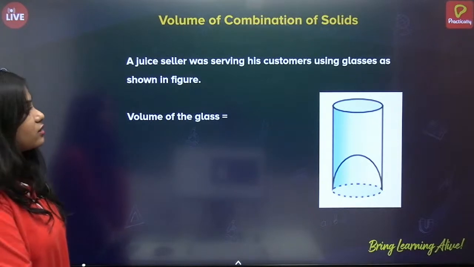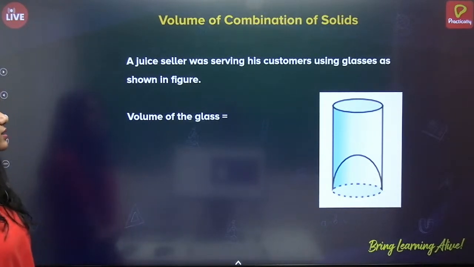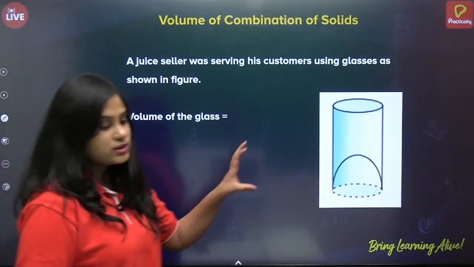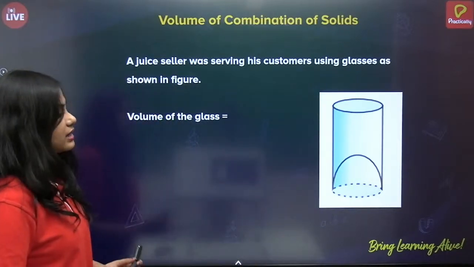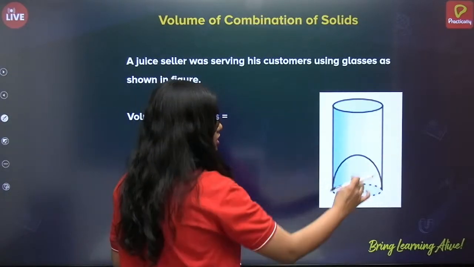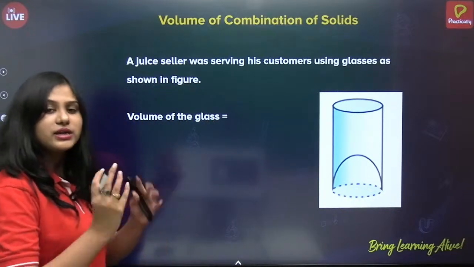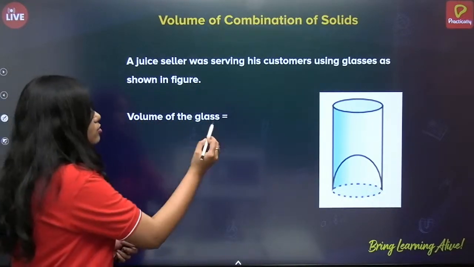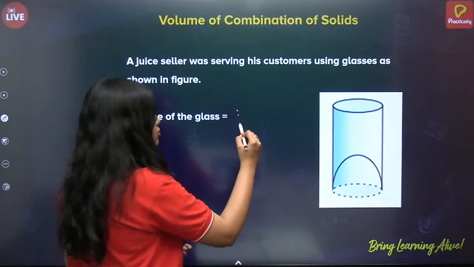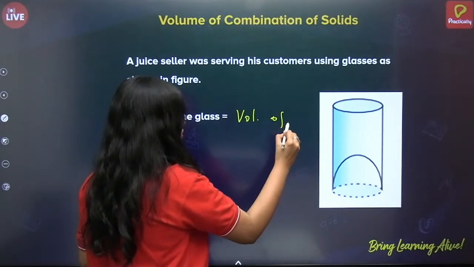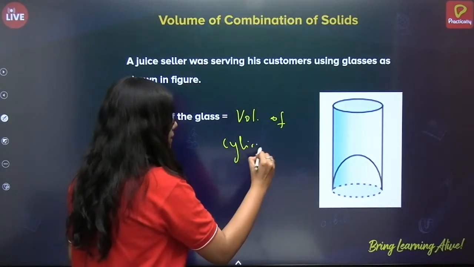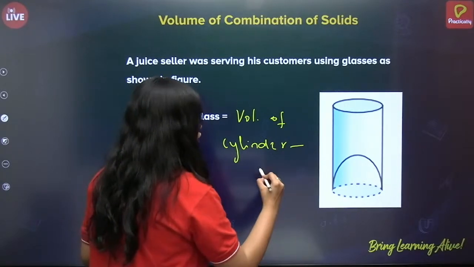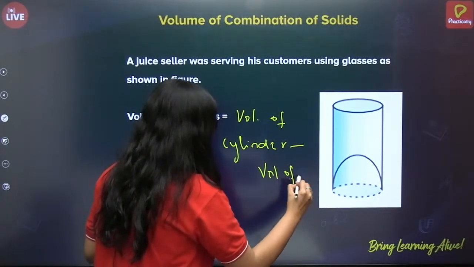A juice seller was serving his customers using glasses as shown in the figure. So this is a glass, correct? And this is a cylinder and this is a hemisphere, correct? It is closed. Now, volume of the glass is equals to volume of cylinder minus volume of hemisphere, correct?